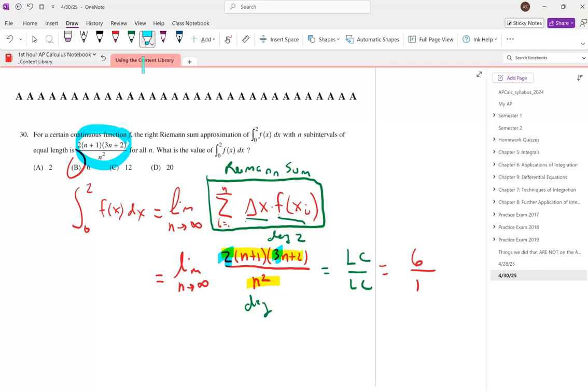But I don't think there's any way of getting through that without that limit definition. You had to at least understand enough to know that the integral is the same as the Riemann sums getting infinitely narrow.